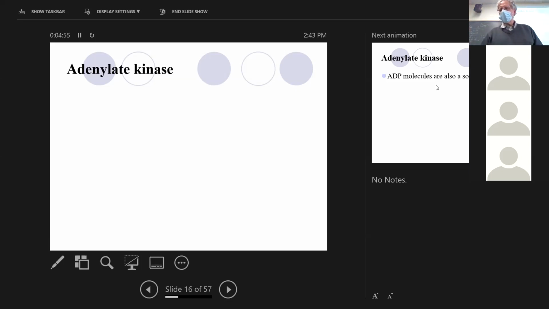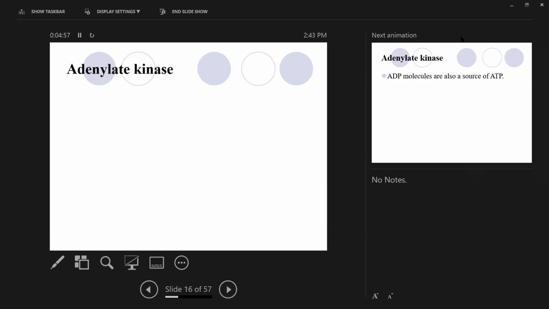We were talking last time about the use of coupling reactions, where you take high energy molecules, usually phosphorylated, most of the time at least. You couple the hydrolysis of the high energy phosphate bond.